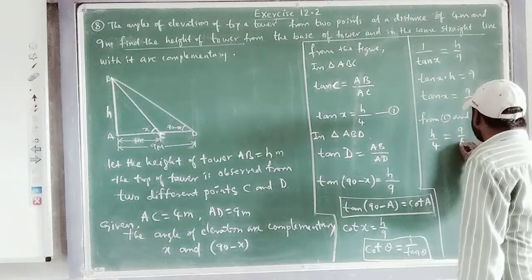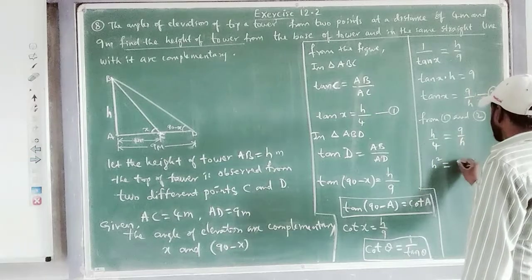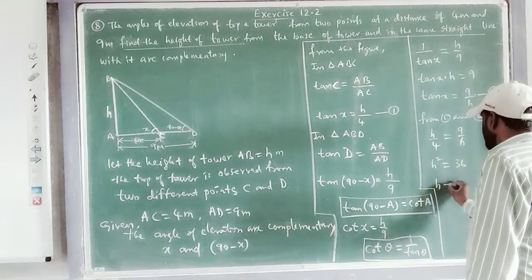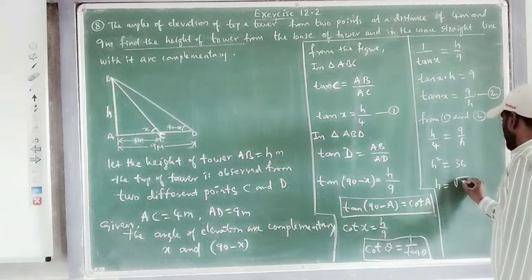Now I do the cross multiplication: h into h is h square, and 4 into 9 is 36. Now h is equal to the square root, since when the square comes to this side it becomes a square root.